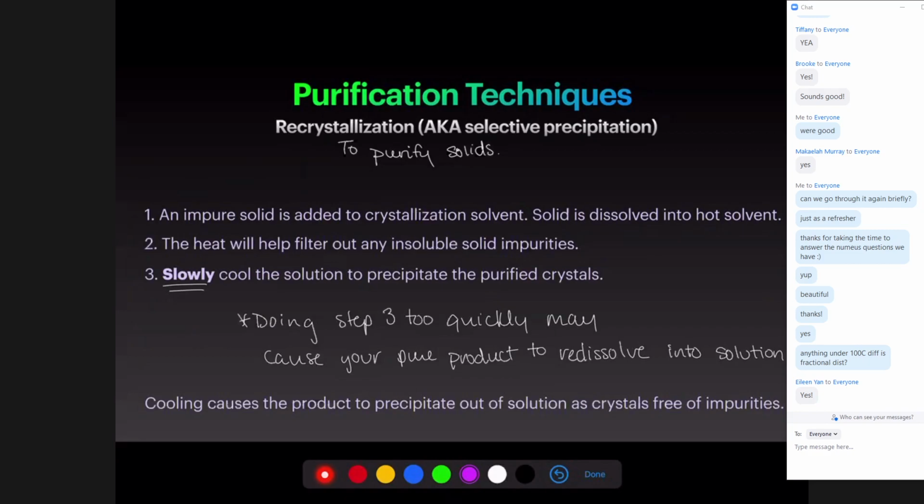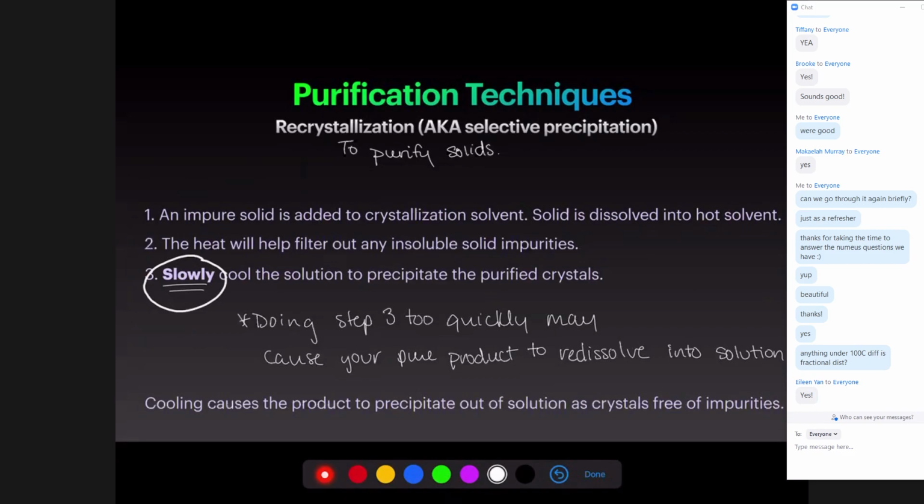The second step is the heat will help filter out any insoluble solid impurities. The key here is to do this next step slowly. Slowly cool the solution to precipitate the purified crystals. Doing step 3 too quickly may cause your pure product to redissolve into solution, and you'll have a lower yield.